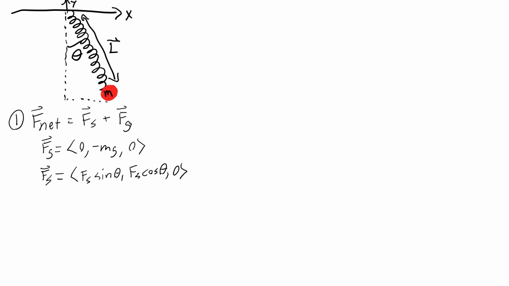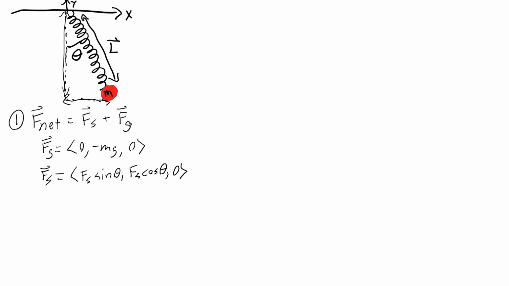This is because if you look at the picture above, our angle is oriented in such a way that the sine of the angle gives this x component, and the cosine gives this up and down vertical y component.